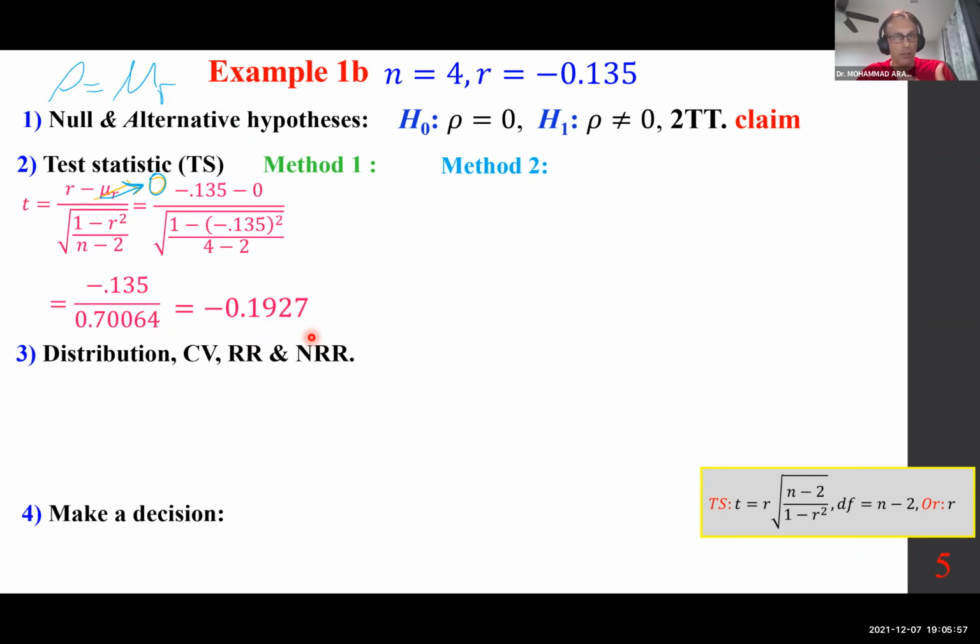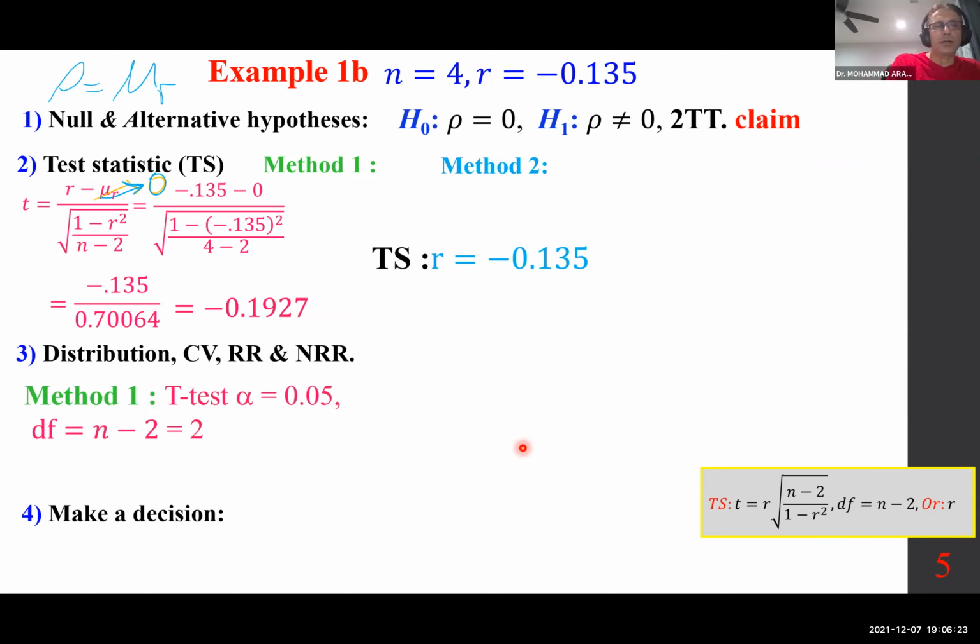If you do it with the technology, they use more decimals. It might be slightly different. The second method, the test statistic, just uses the r. So I want to show you both methods next to each other.